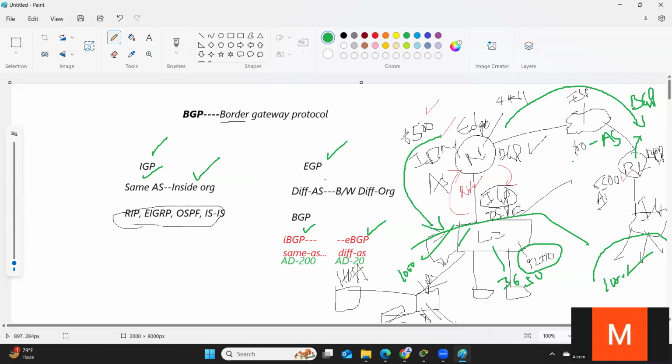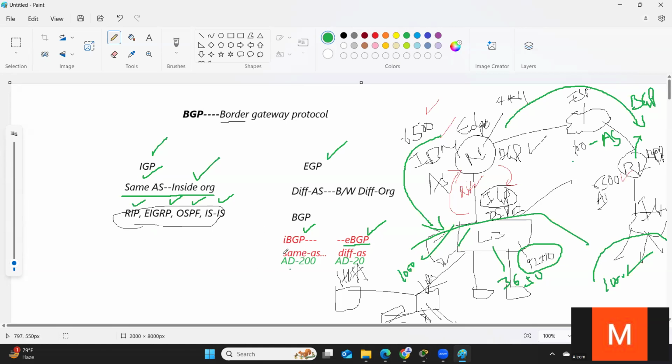If we are within the same AS, you can definitely use OSPF, IS-IS or EIGRP. If you want to connect different ASes, we have the protocol EBGP. So based on the autonomous system numbers, we can verify which protocol to use where.